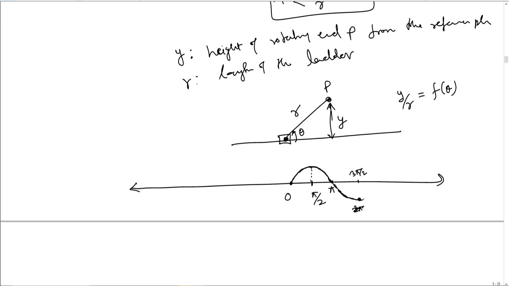After 3 pi by 2 it starts slowly increasing and increases very rapidly near 2 pi. So, at 2 pi it again becomes 0 and then it starts increasing again. At 5 pi by 2 it reaches the maximum, and at 3 pi it becomes 0 again.